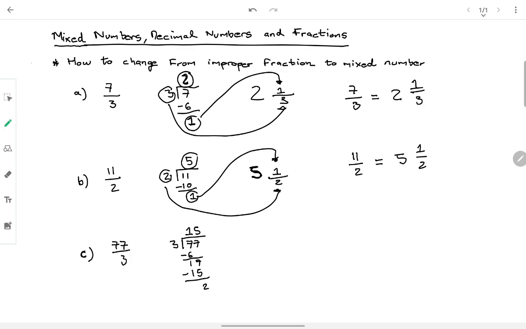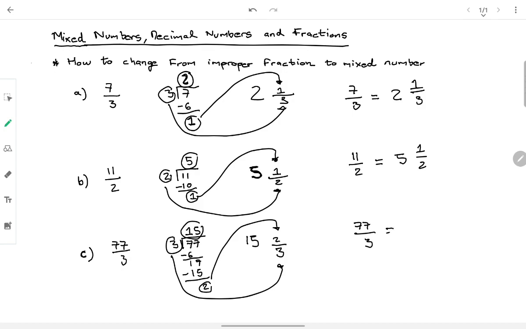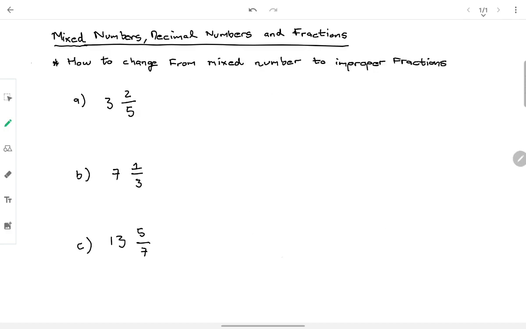So if we want to represent this as a mixed number, it's going to be 25 wholes and 2/3. So we can say that it's the same to have 77/3 or 25 wholes and 2/3. This is the way we change from improper fractions to mixed numbers.